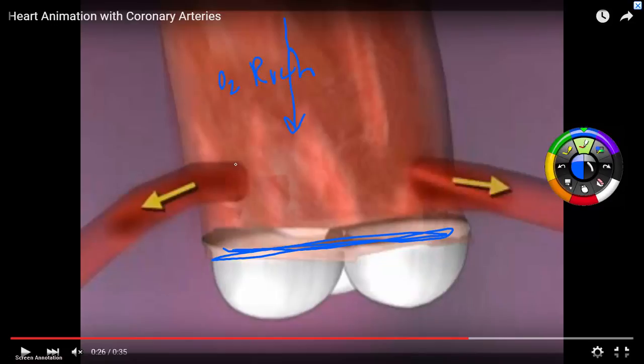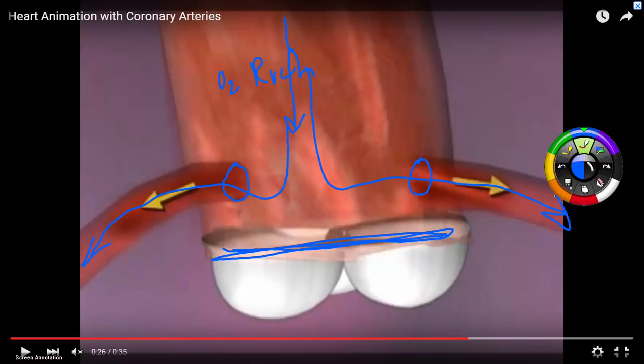And then it's going to reveal the openings to the coronary arteries. And that O2-rich blood will then supply the heart muscle. So the heart muscle will receive its oxygenated blood during ventricular diastole.